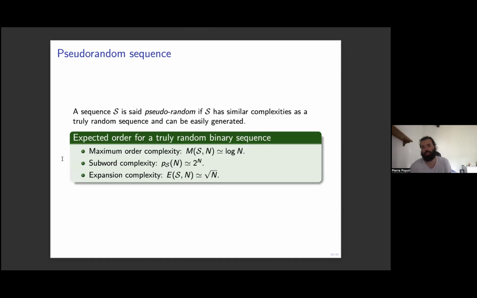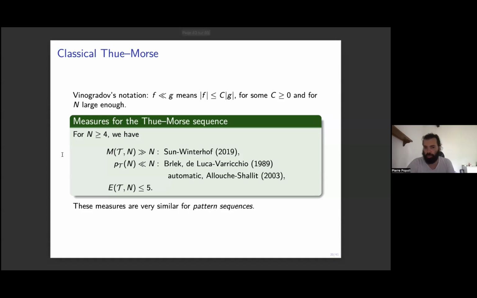And then the question you can ask, even if we already know the answer, is whether the Thue-Morse sequence is random through these complexities. The maximum order complexity is larger than n up to a constant. This is a result of Sun and Winterhof in 2019.